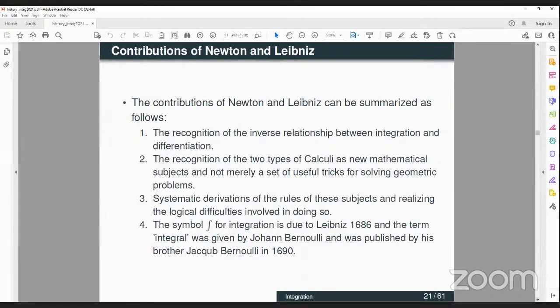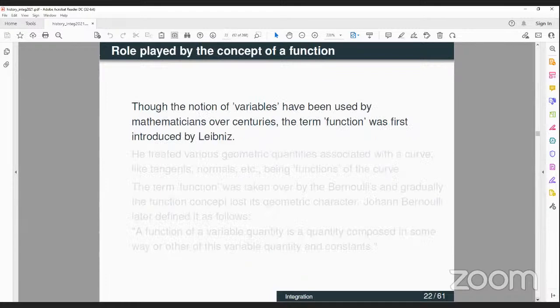People have struggled. The aim of talking about history is to see how great mathematicians tackled these problems, which are conceptually difficult to understand, and how progress was made. Now, the notion of variable had been used by mathematicians over the centuries.